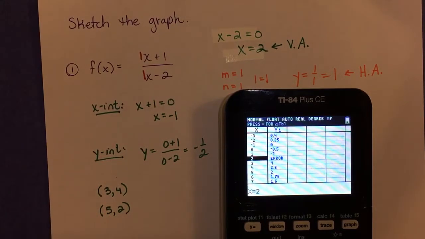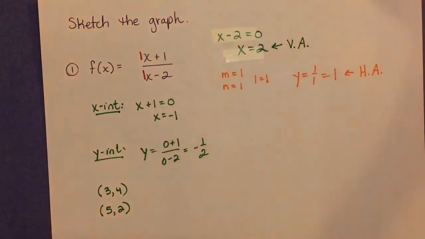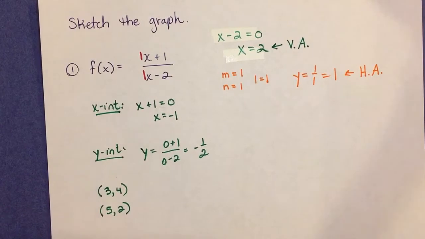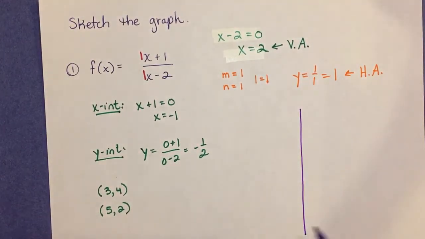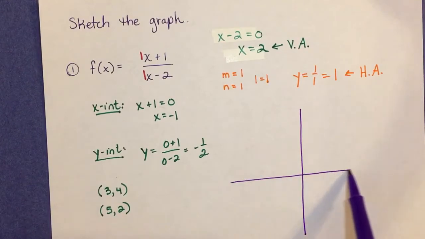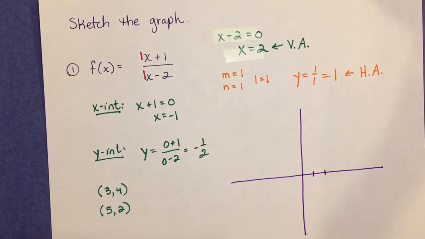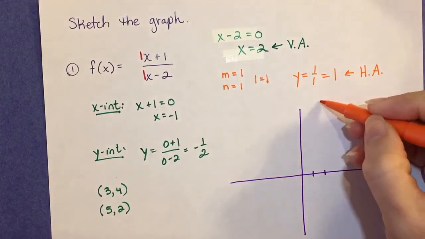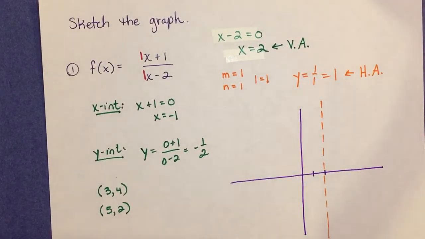Okay, so let's take all the information we know and let's do this graph. You're going to put in your vertical asymptote, so that's at x equal 2. And you need to put in your horizontal asymptote.